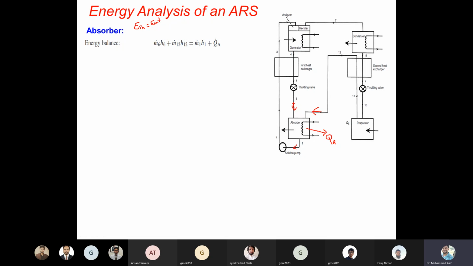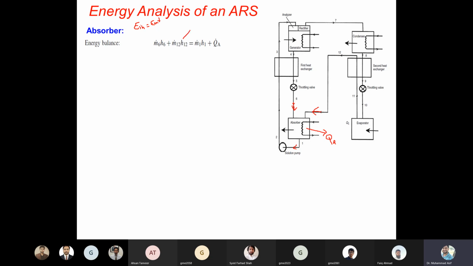So from here, if we know the mass flow rate and the enthalpies, we can calculate how much heat is rejected from the absorber. In order to calculate QA, this term goes on the other side, so QA will be equal to this one minus M1 H1. But before that, you must know the mass flow rate and enthalpy.